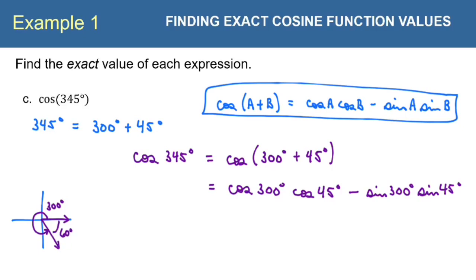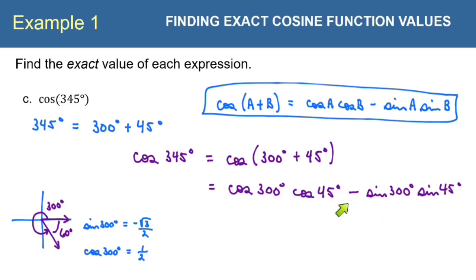So the sine of 300 degrees is going to be the same absolute value as the sine of 60 degrees, but sine values are negative in the fourth quadrant. So the sine of 300 degrees is going to be negative square root of 3 over 2. And then the cosine of 300 degrees, we remember that cosine values are positive in the fourth quadrant, so this is going to be the same as the cosine of 60 degrees, which we know is 1/2.